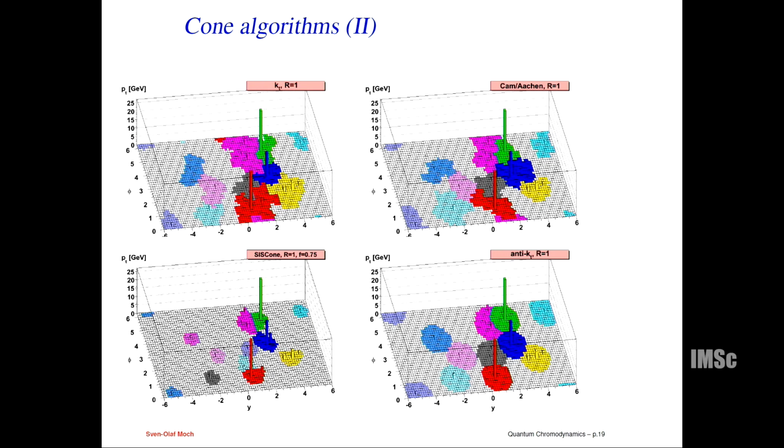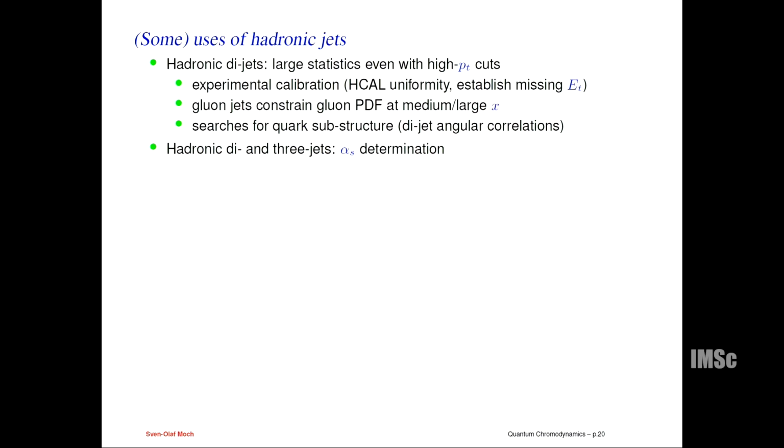And you see this is why anti-KT is mostly used nowadays in the experiments, because this gives you nice catchment areas in the kinematic plane of rapidity and azimuthal angle.